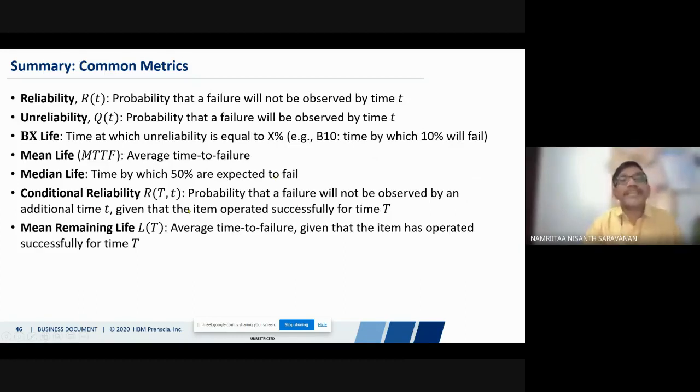And conditional reliability: what is the chance of the product failing after 6 months in the field, or after 1 year in the field? Based on this, the company comes up with the extended warranty policy calculations. Because the company makes huge money on extended warranty.